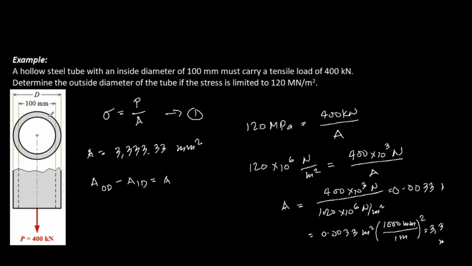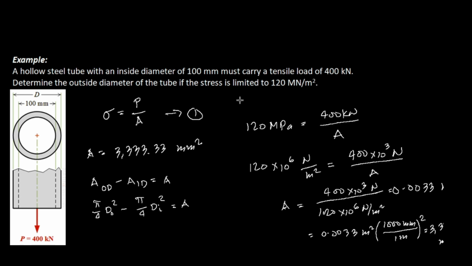Then, what is the area of a circle? Based on diameter, the area is pi over 4 d outside squared minus pi over 4 d inside squared, and it is equivalent to the area.